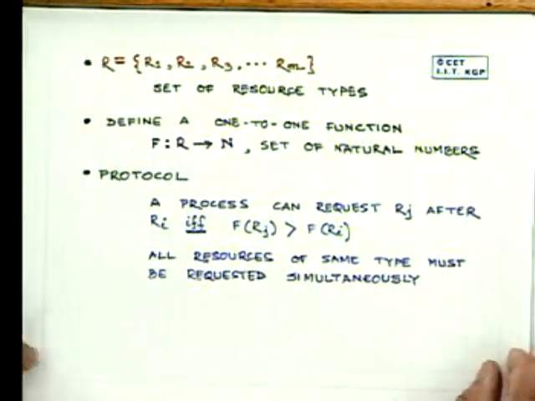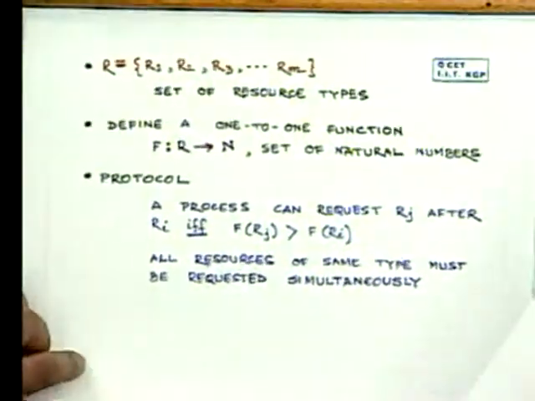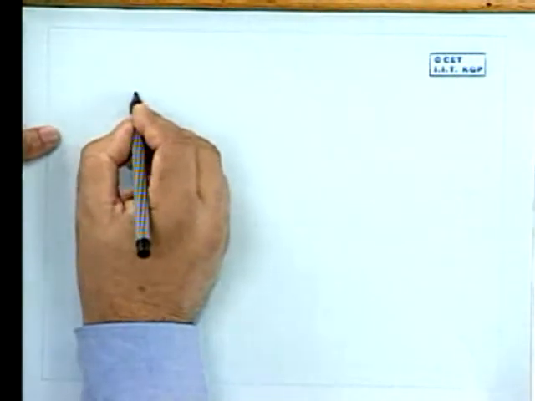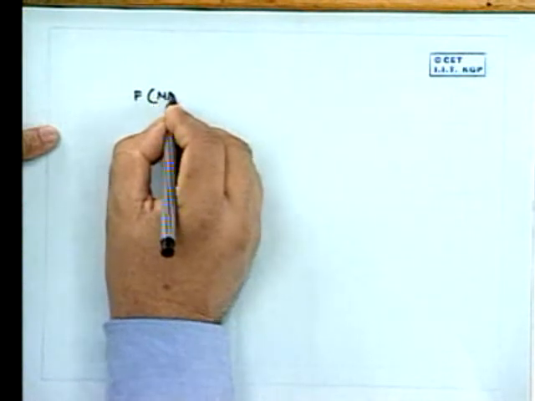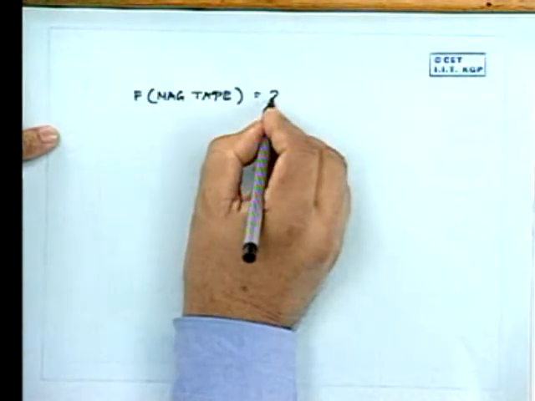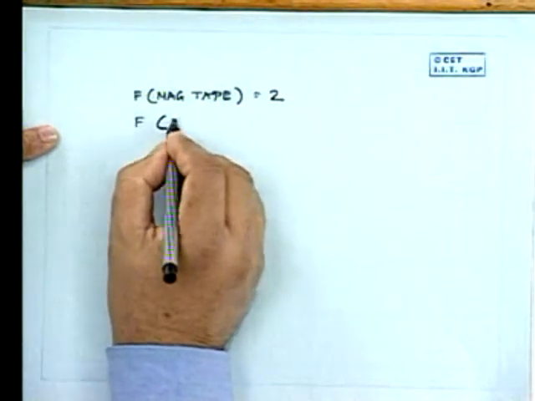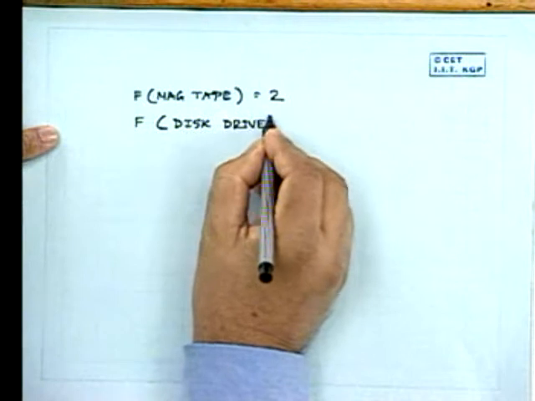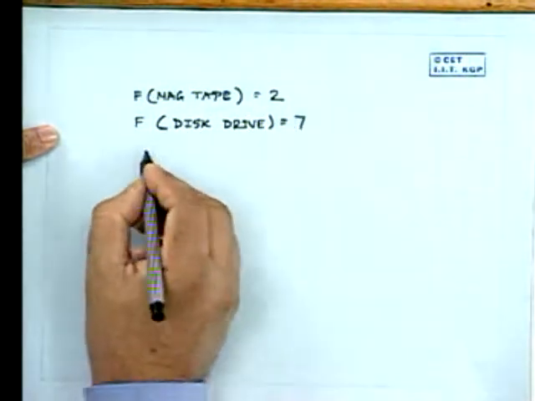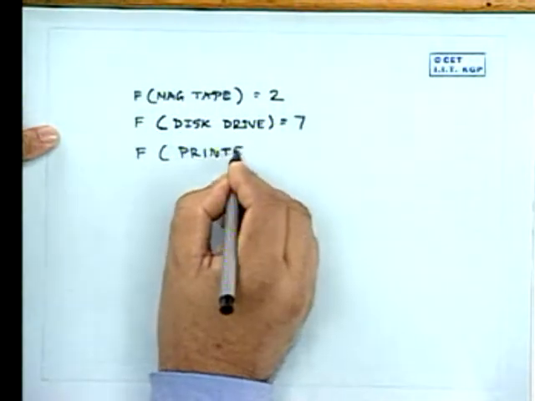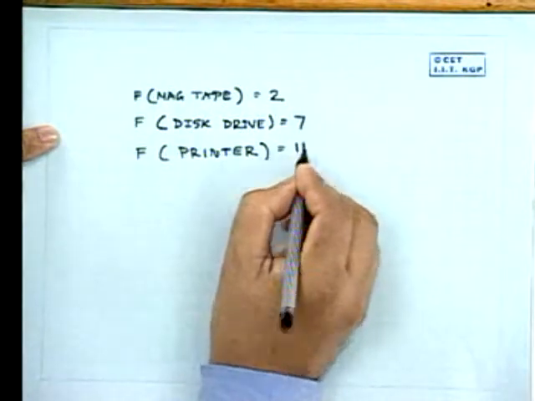It can be like this: say f of magtape is 2, f of disk drive is 7, f of printer is 11.